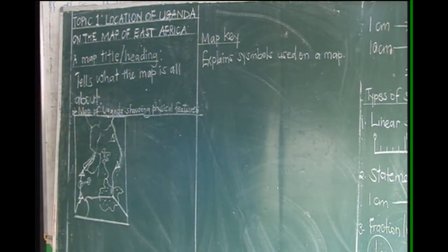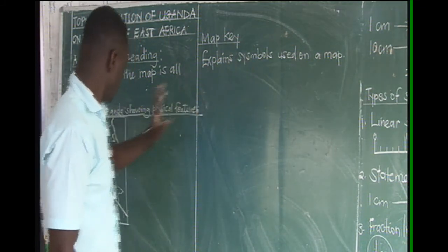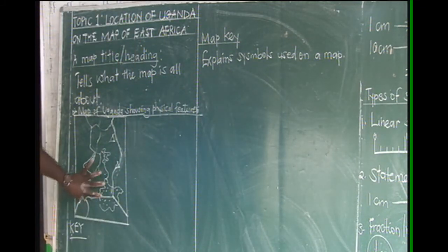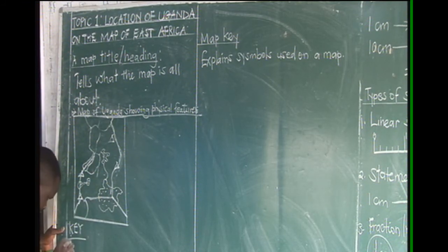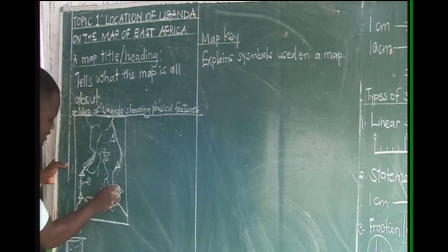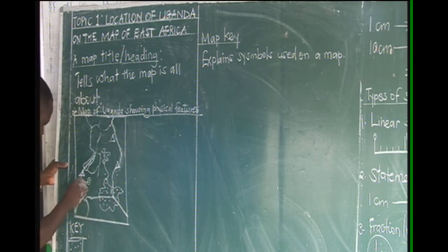So, in our diagram or in our drawing, the map key is always drawn under the map itself. And we write there, key. Like I have said, this one is going to explain what symbols are used on this map. One, we had the symbols which are drawn and shaded like this, and these ones that we shaded like that are the ones that we call the lakes.